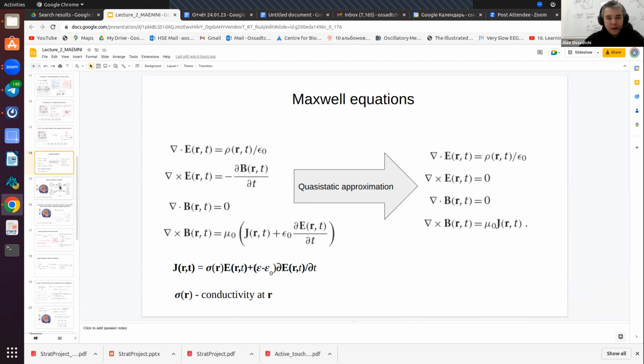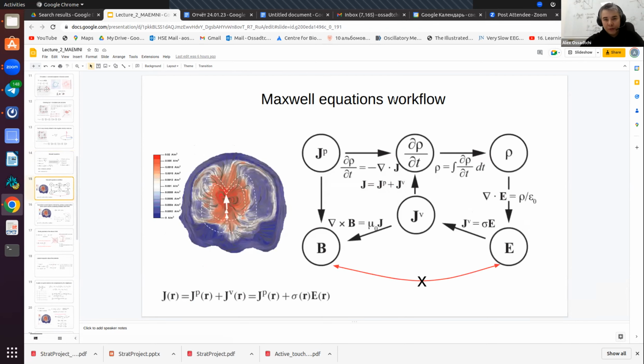Okay, so now if you look at this workflow, it all starts with, again, Masha, last time we were talking about these dendrites, where you have these currents flowing, and that will be our primary current. This is the so-called impressed current, the current that we imposed onto our medium, and it is denoted by this white vector here.